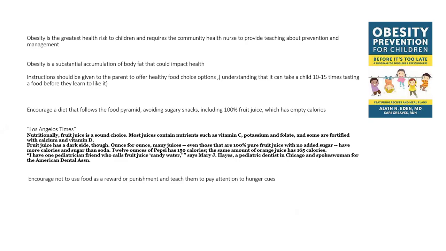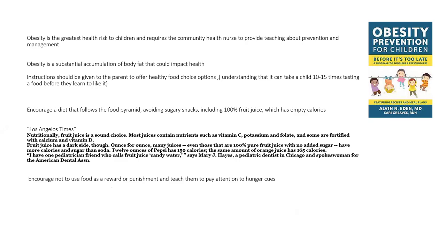But the whole thing is getting that child up and moving, getting those healthy food choices and options offered to them. We want them to stay away from those 100% fruit juices because they're empty calories. We ask parents not to use food as a reward or punishment to teach their child a lesson.